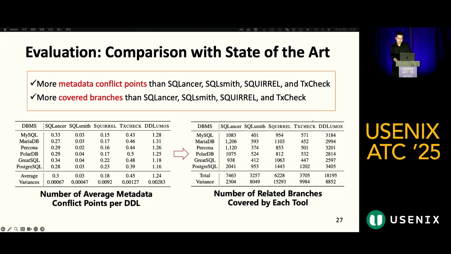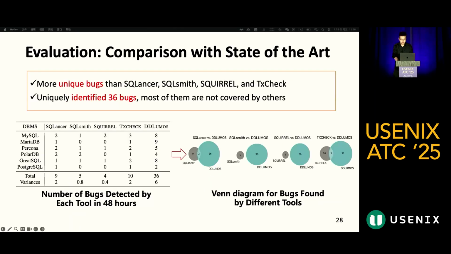We also compare DDLumos with state-of-the-art tools like CycleLancer, CycleSmith, Scoro, and TXCheck. We conducted a 48-hour experiment, and the results show that the test cases of DDLumos have metadata conflict points, and DDLumos finally covers more related branches than others.